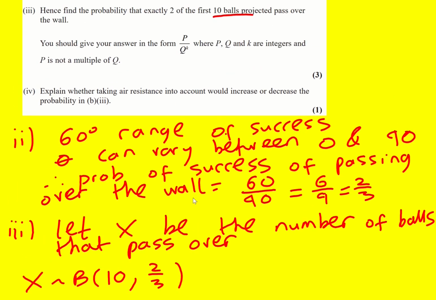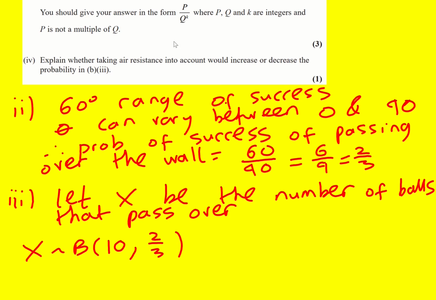We're asked to find the probability that exactly 2 pass over. That probability that x is equal to 2. And that will equal 10c2, or 10 factorial over 2 factorial, 8 factorial.